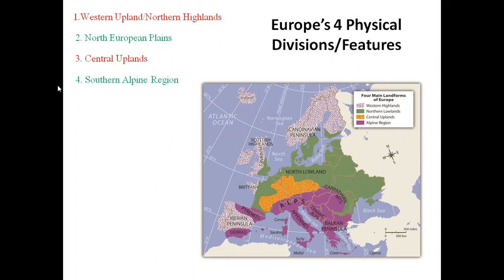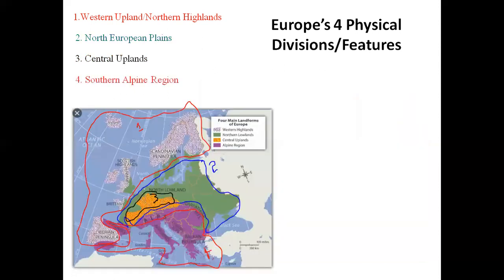That is the Western Uplands or Northern Highlands, second the Northern European Plains, third the Central Uplands, and fourth the Southern Alpine region. Here you can see clearly the Western Uplands or Northern Highlands.